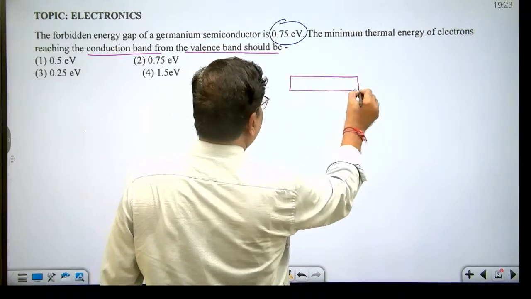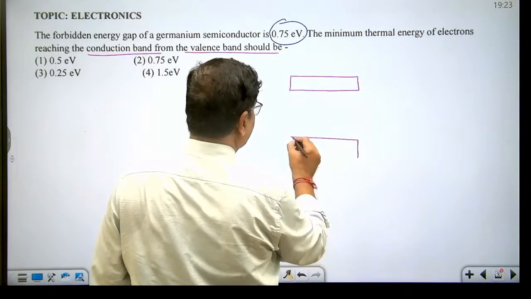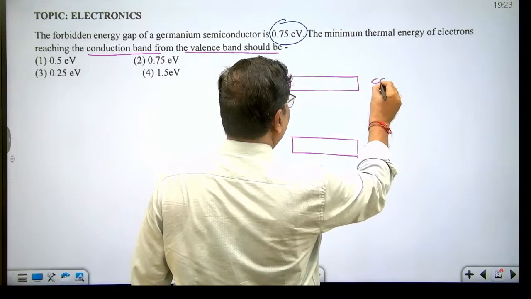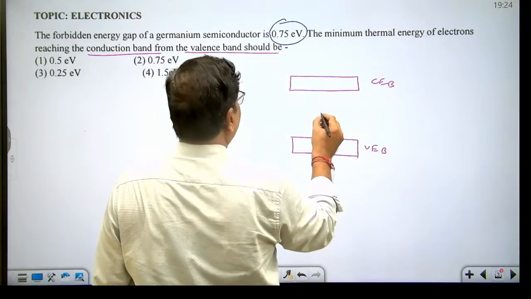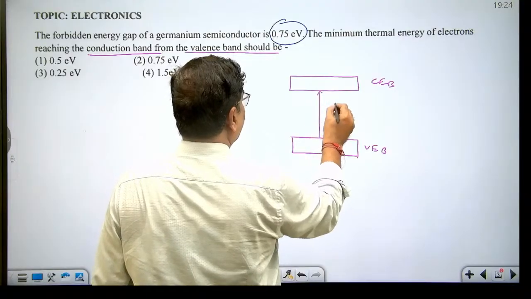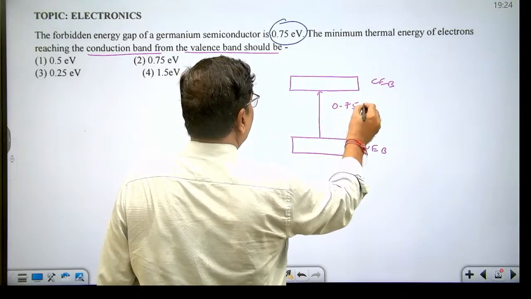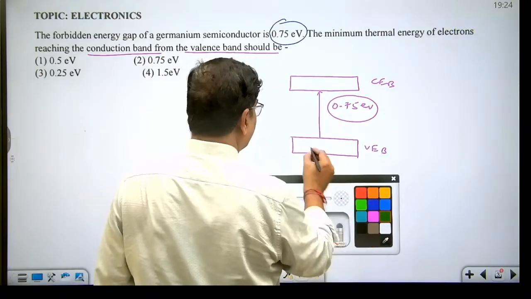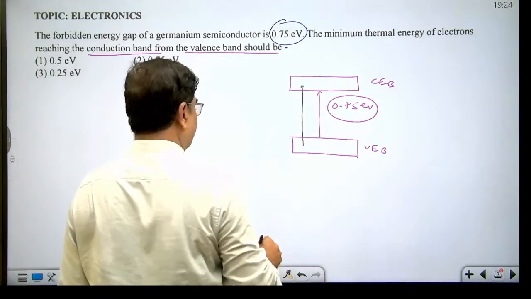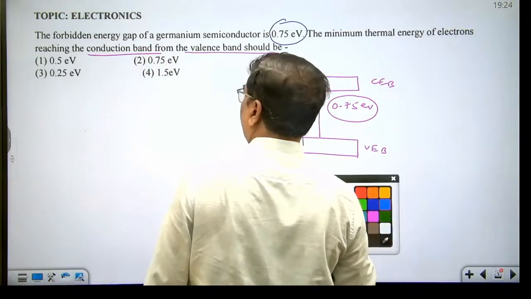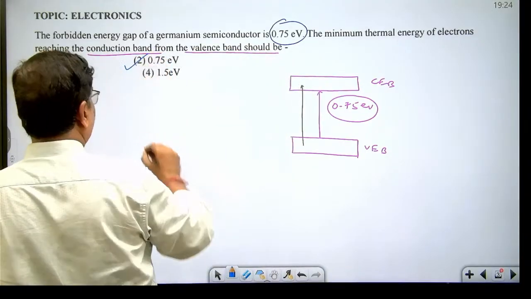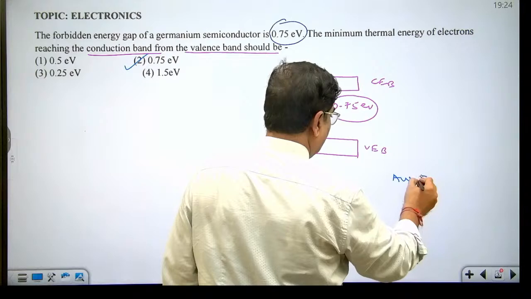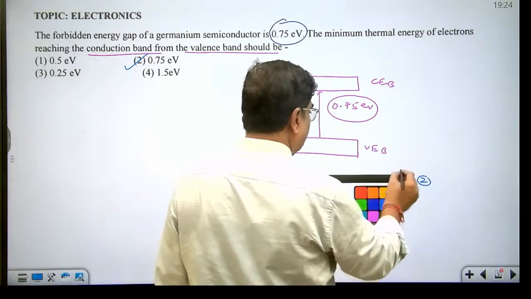If this is the conduction energy band, this is the valency energy band, and the forbidden energy gap is 0.75 electron volt, so this should be the minimum energy required so that an electron from here to here can be there. So out of 4 options, the correct answer is option 2.